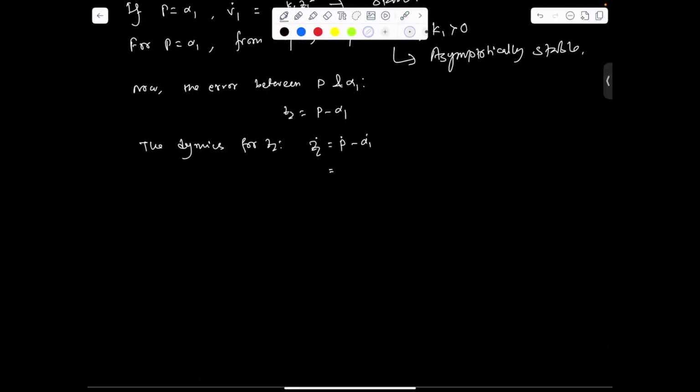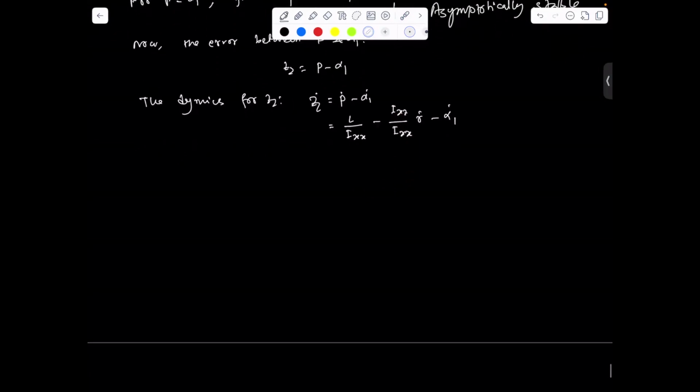So P dot we can write as L minus Ixz divided by Ixx, times R dot, minus alpha 1 dot. One thing, this Ixz is the product term of the inertia matrix, and Ixx is the diagonal element. Now we have to choose, so we can write the L expression.